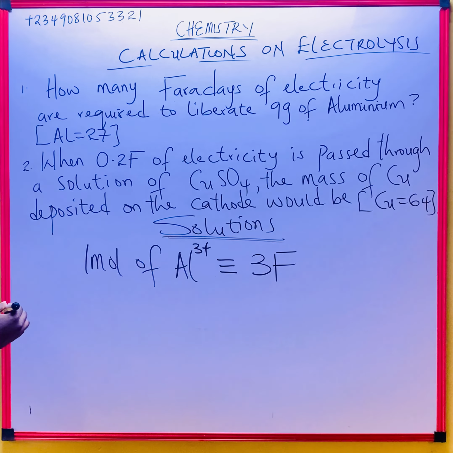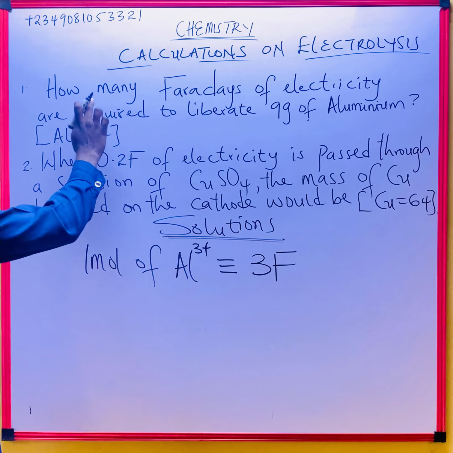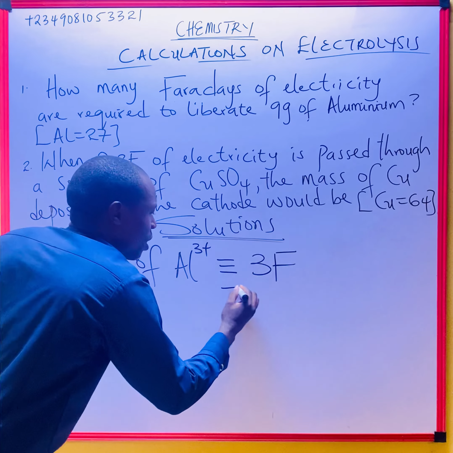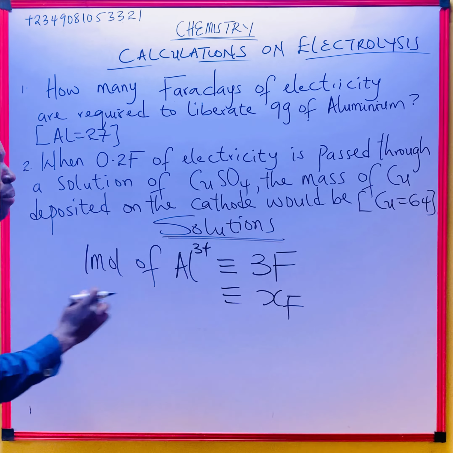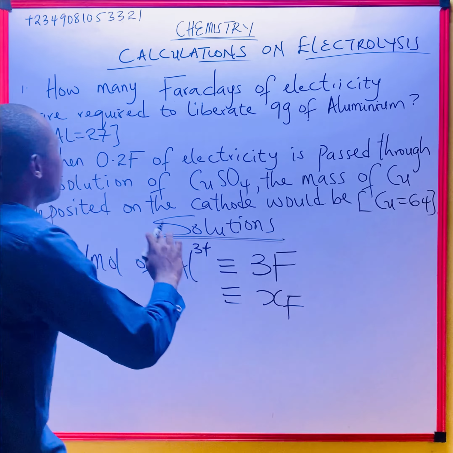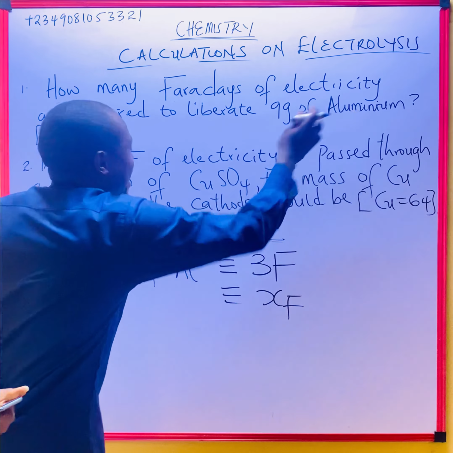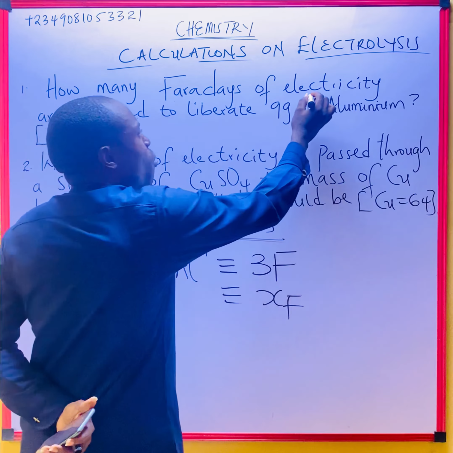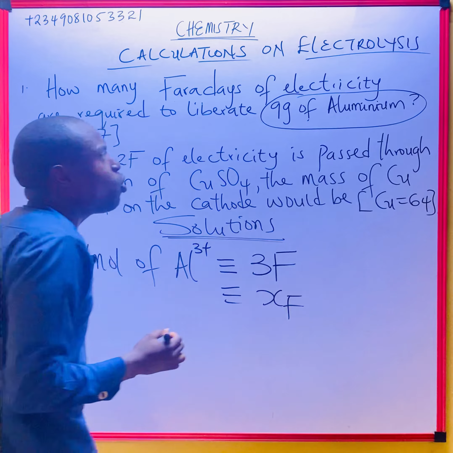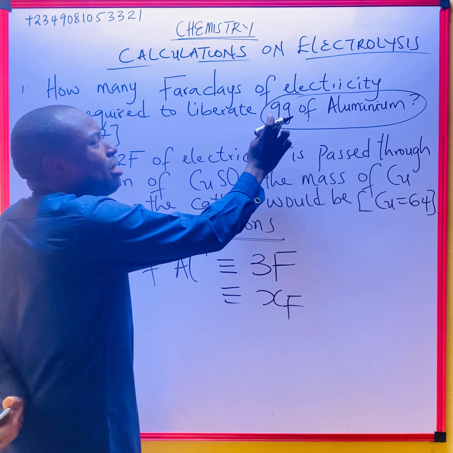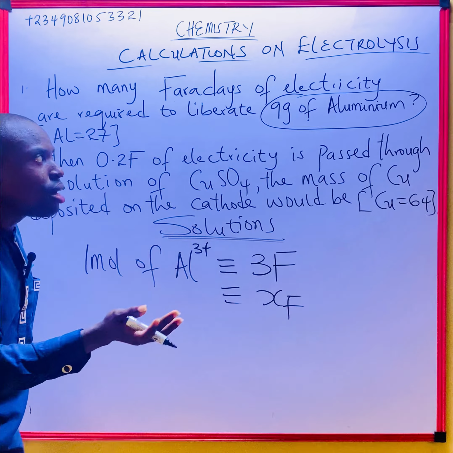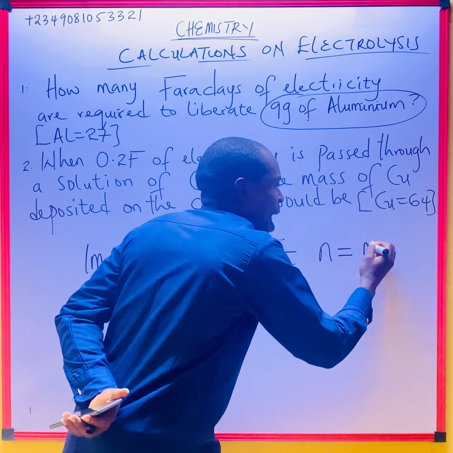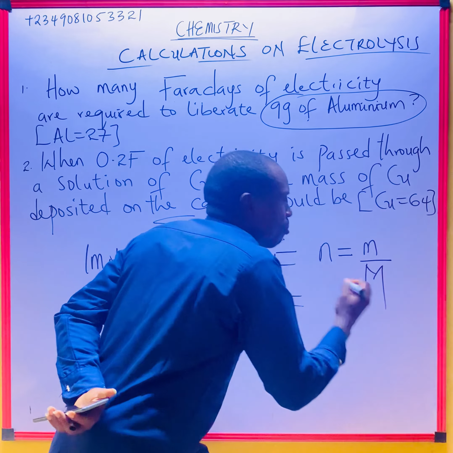Now, the question asks how many farad of electricity are required to liberate 9 grams of aluminium. So I will have to convert my 9 grams of aluminium to mole. Do not forget that number of moles N is equal to mass over molar mass.